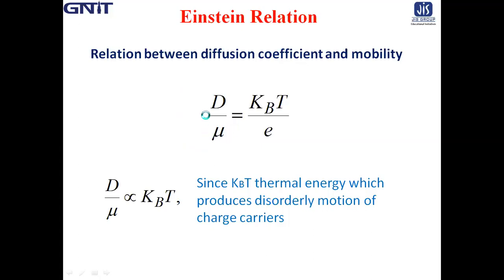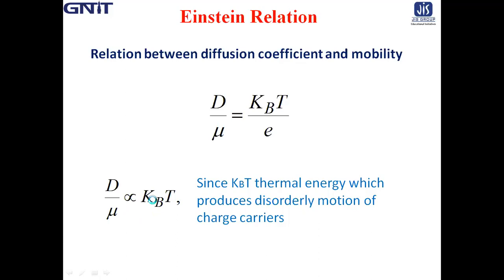It is a very important relation. Thus D by mu is proportional to kB into T. So what is kBT? It is the thermal energy, which produces disorderly motion of the charge carriers.